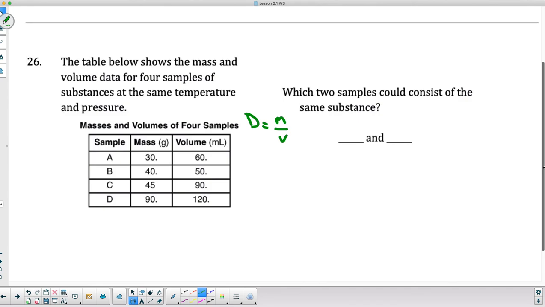So 30 divided by 60 would be 0.5 for density. 40 divided by 50 would be 0.8. 45 divided by 90 would be 0.5, and 90 divided by 120 would be 0.75. I just got those by taking whatever this number is divided by this number. So it looks like substance A and C are the same substance.